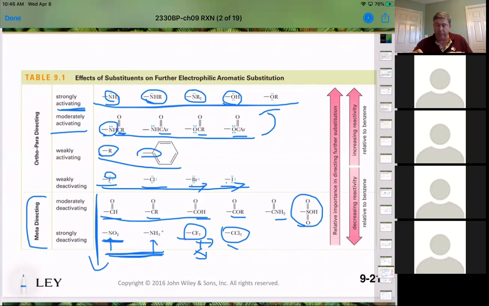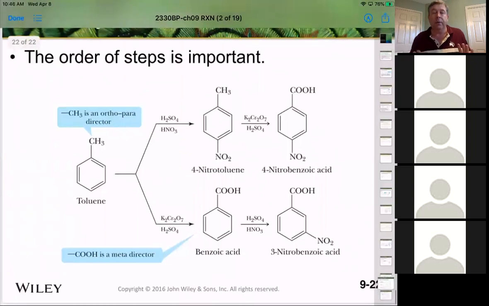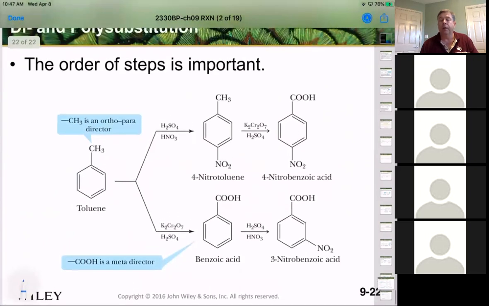Let me see, I think I have one more slide on this. And so this slide is kind of helping you think through the system, exactly that system that I was telling you about before. And the idea here is that if you want the group to be in a certain place, you have to direct it to that place.